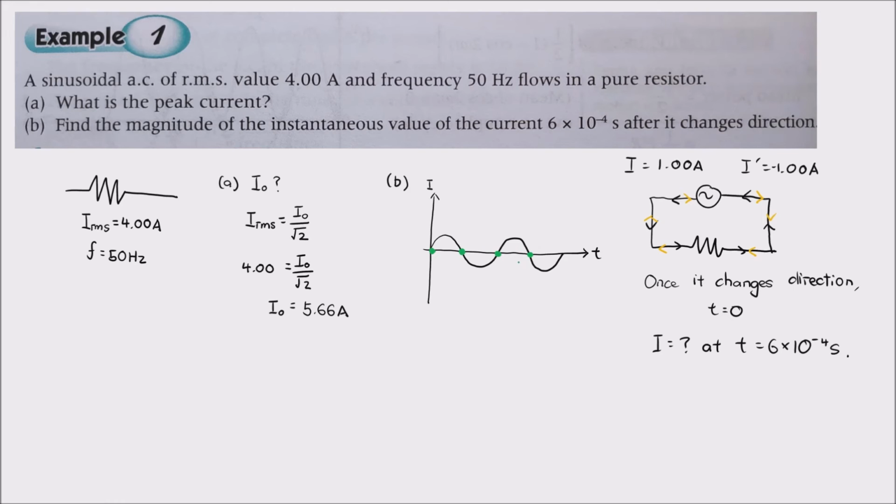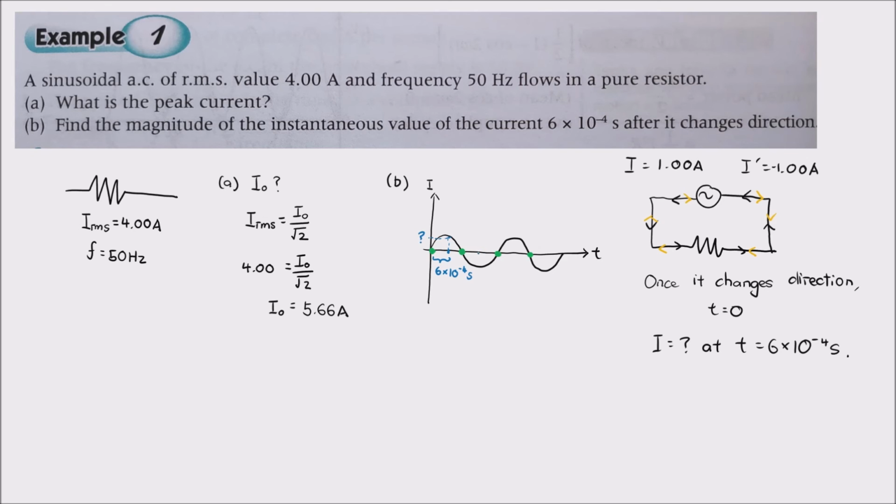So now they ask, once t is equal to 6 times 10 to the power negative 4, what is the current? So they might be asking for a specific time, which you can find probably somewhere here. Once 6 times 10 to the power negative 4 seconds has passed, they're asking for this specific current over here.